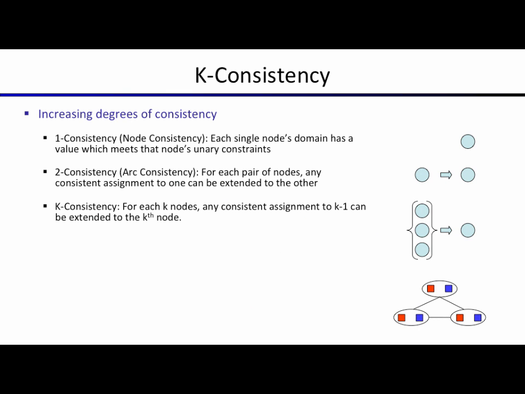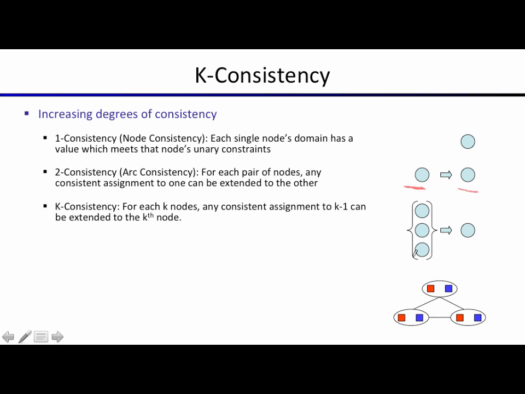So K consistency just generalizes the idea of arc consistency, right? For arc consistency, you can think of it as 2 consistency, where for each assignment at the tail, I guarantee that there's a consistent assignment for the head.